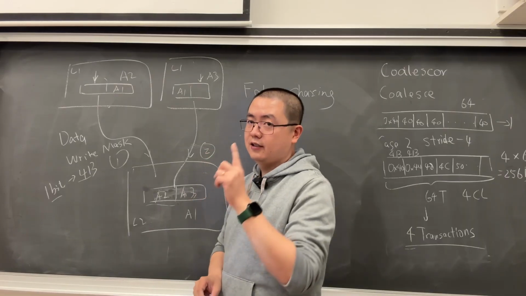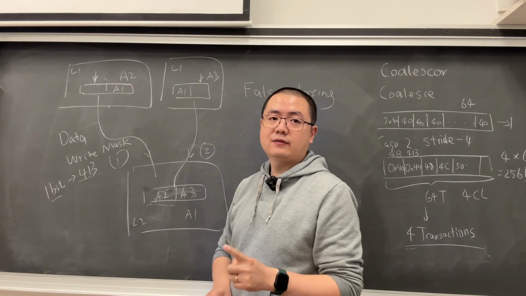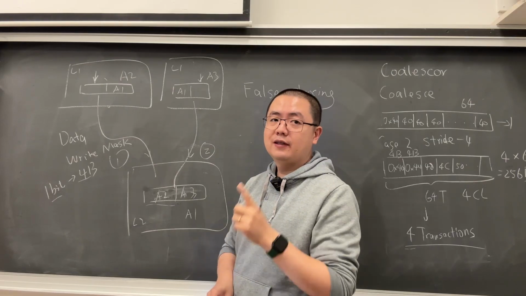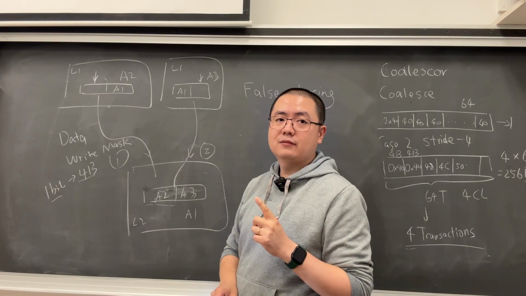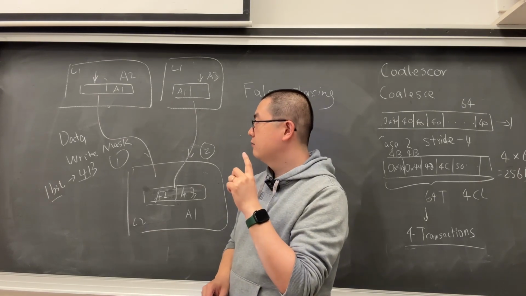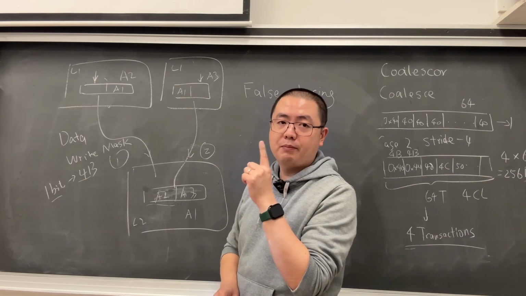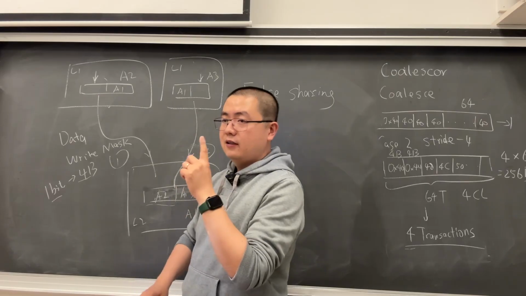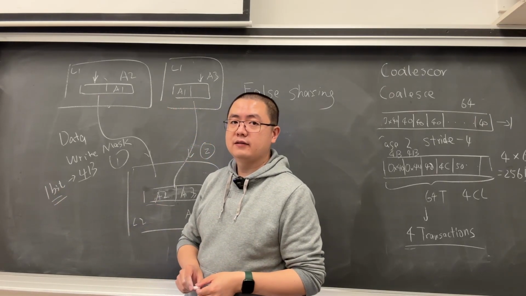Just a corner case: if you really have one instruction to write 1 byte, what happens is a write evict. The write evict is the easiest way to do it. If you only need to write 1 byte, 1 byte cannot be represented by this mask, right?